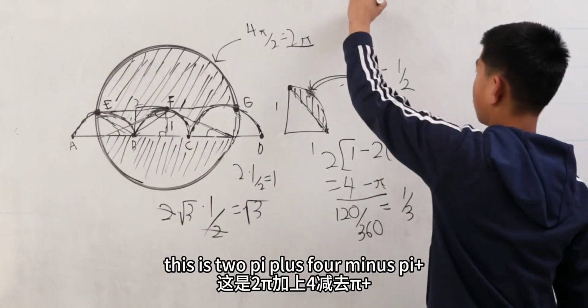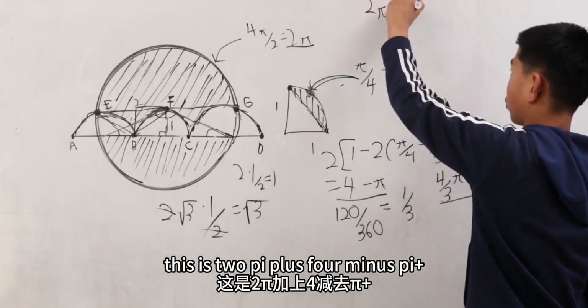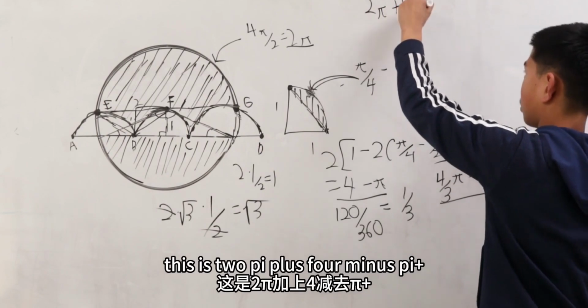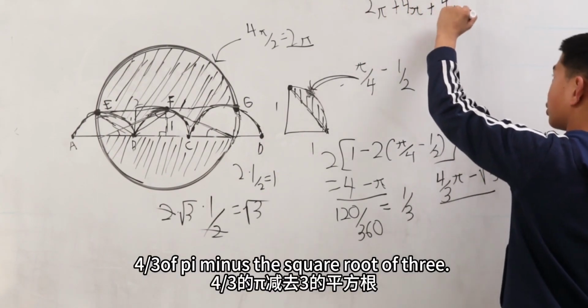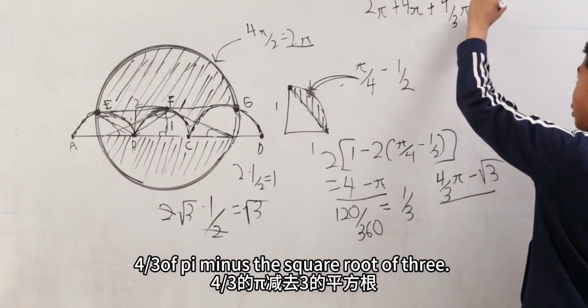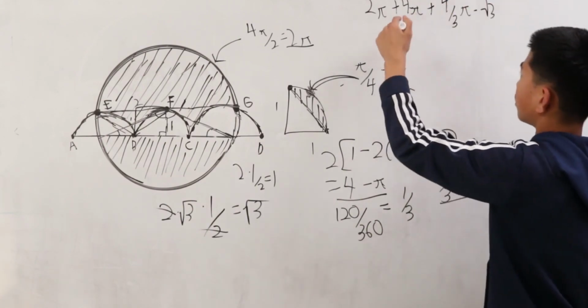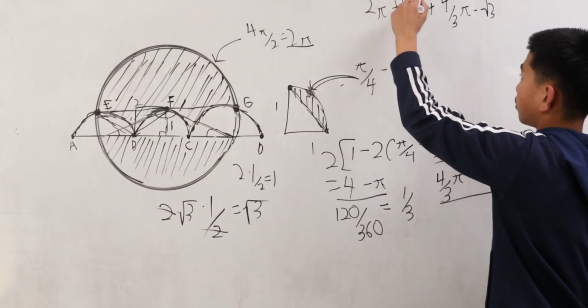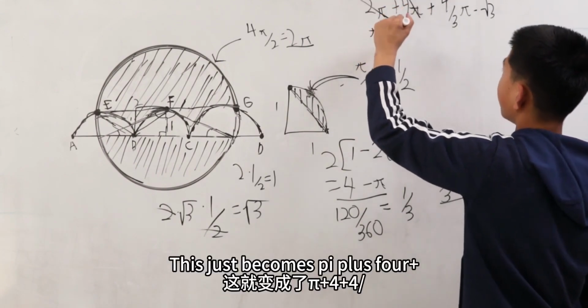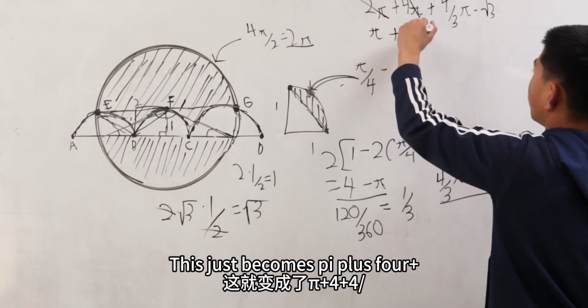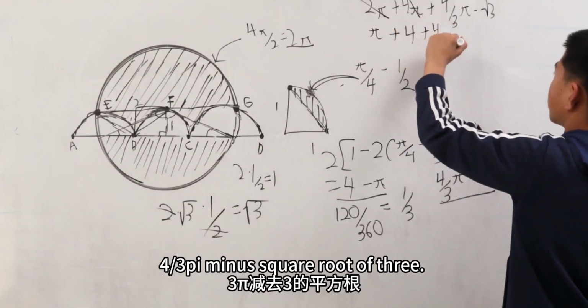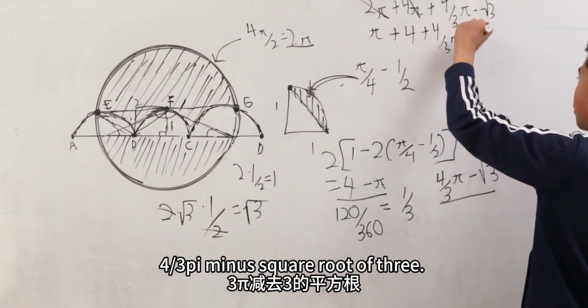So this is 2 pi plus 4 minus pi plus 4/3 of pi minus the square root of 3. And this is a minus pi, so this just becomes pi plus 4 plus 4/3 pi minus square root of 3.